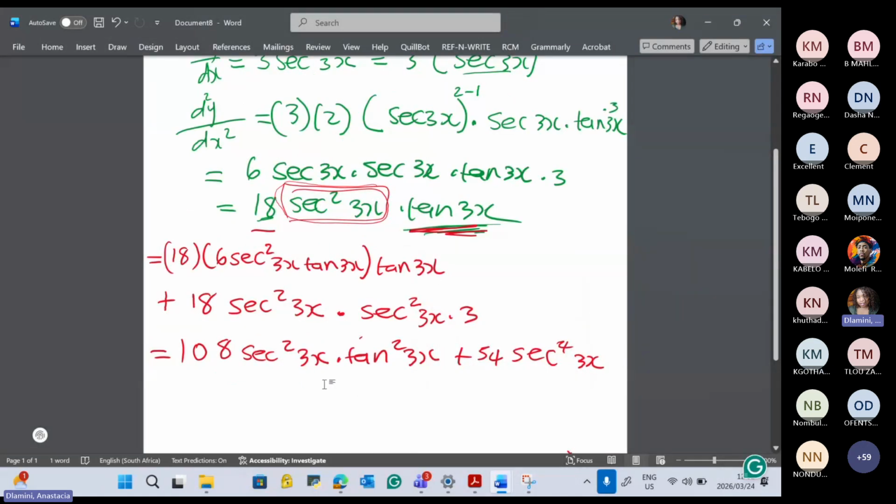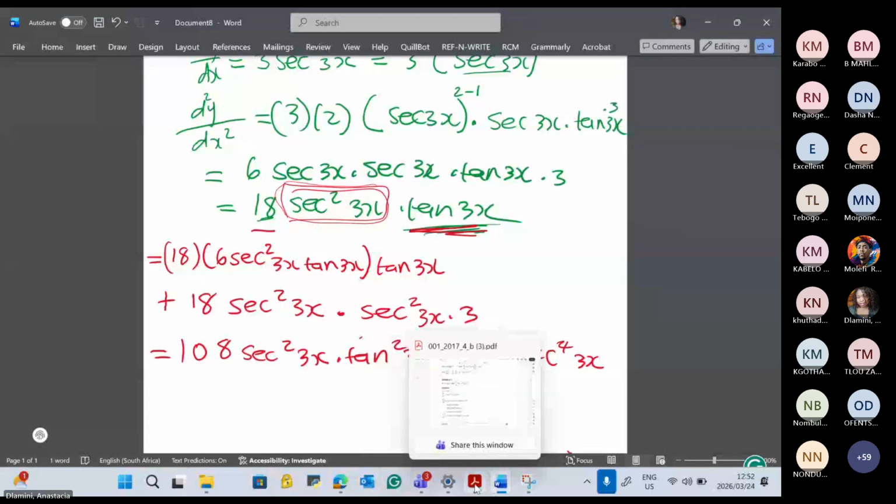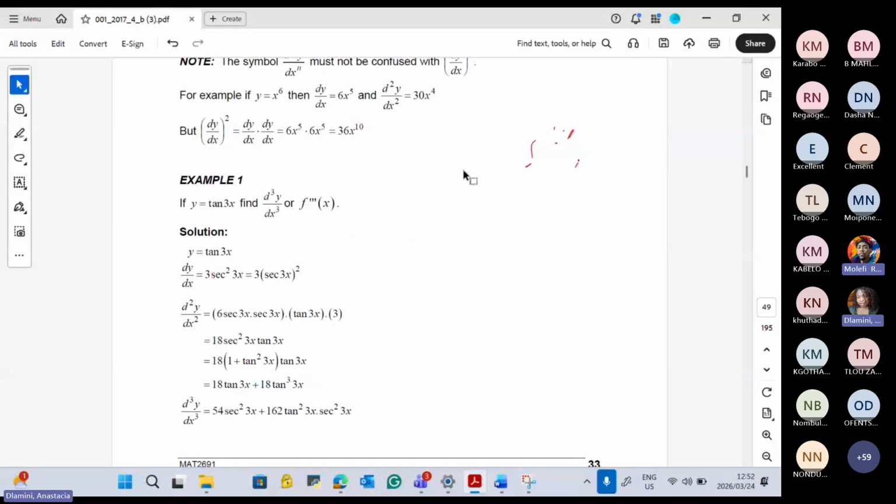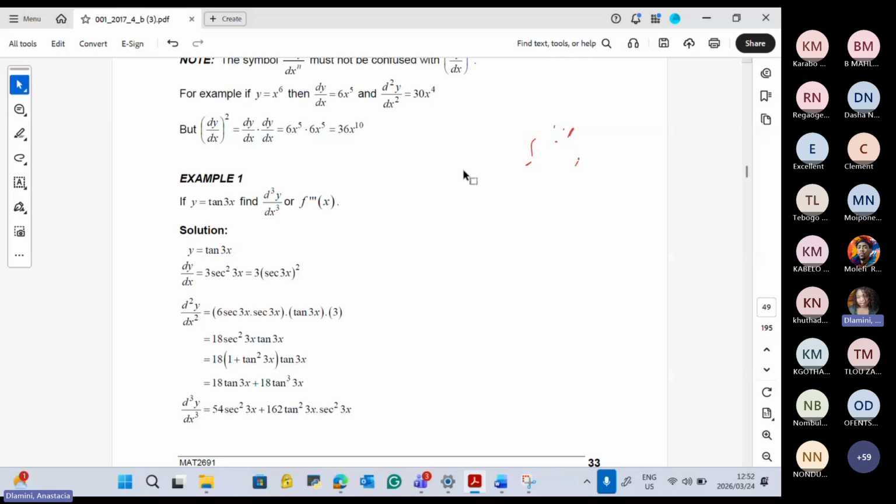The constants are not the same, but you didn't change this into an identity, right? Let's see in the study guide which one they used. They changed it into an identity, right? So that's why they have fewer steps.